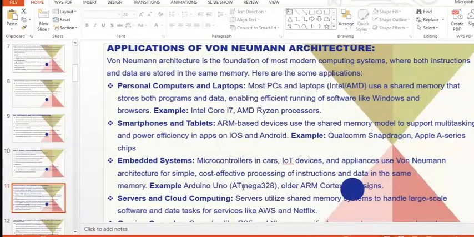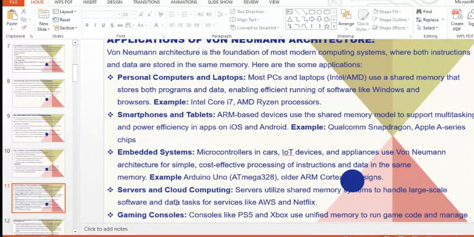Then we talk about servers and cloud computing. For cloud storage, we have servers which utilize shared memory systems to handle large-scale software and data tasks for services such as Amazon Web Services and Netflix, which is for video streaming.